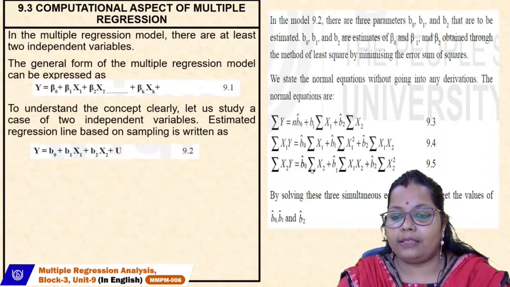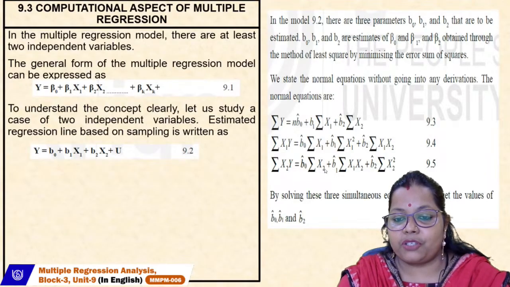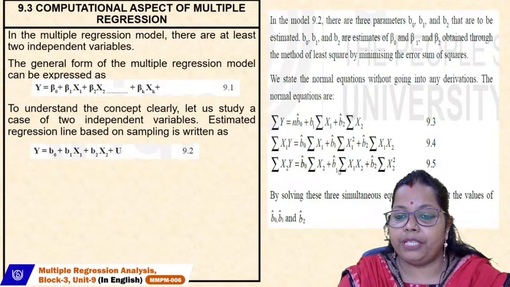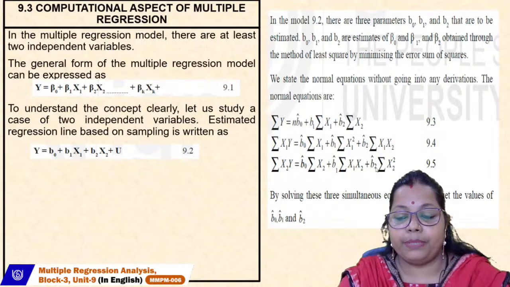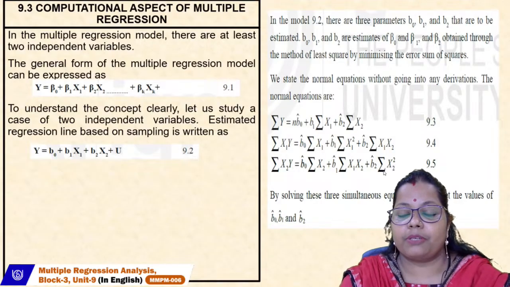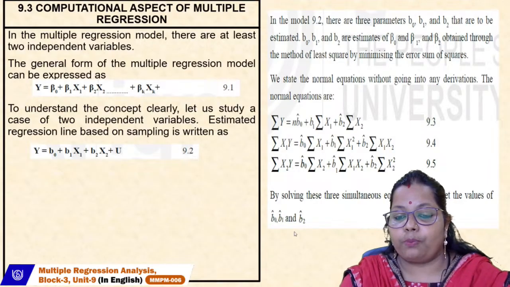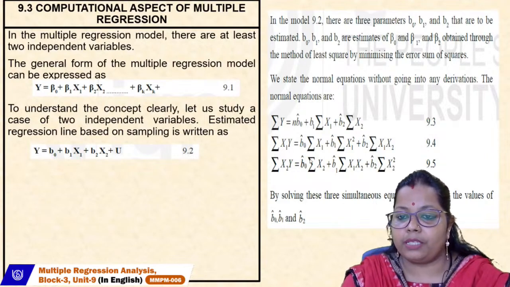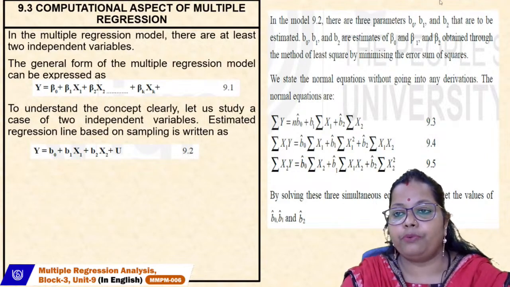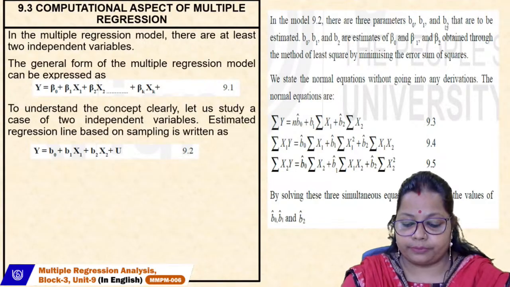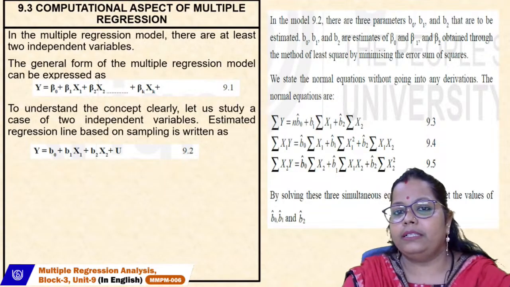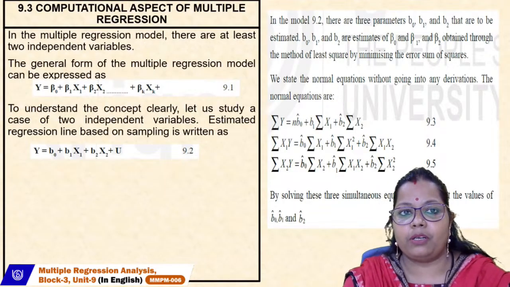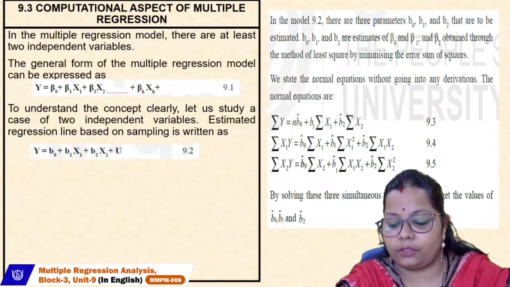That is b0 hat plus summation x2 plus b1 hat summation x1 into x2 plus b2 hat into summation x2 square. So by solving these three normal equations, we will be able to find the parameters b0, b1 and b2. After finding this, we can go for the multiple linear regression model, which is our study today.